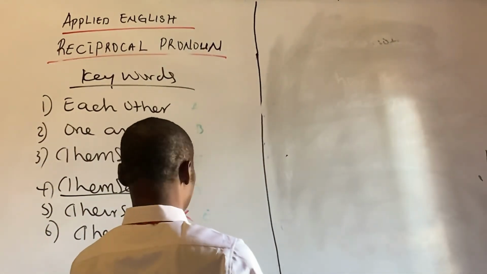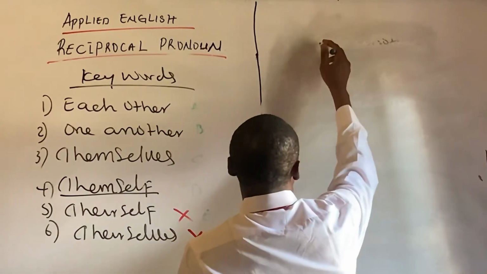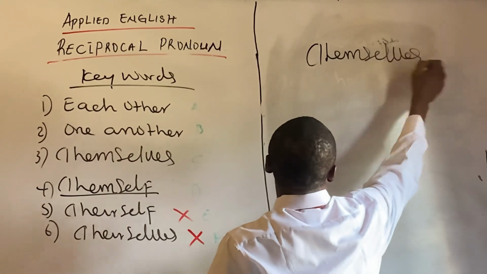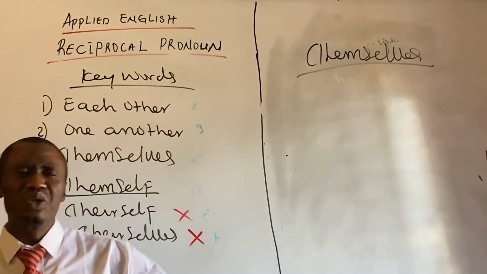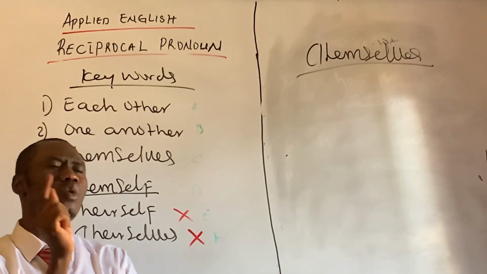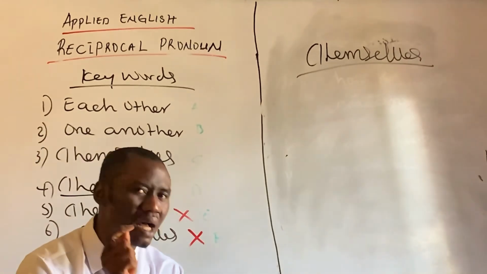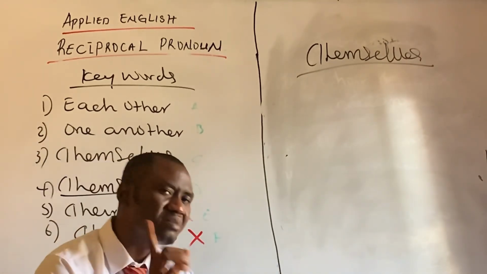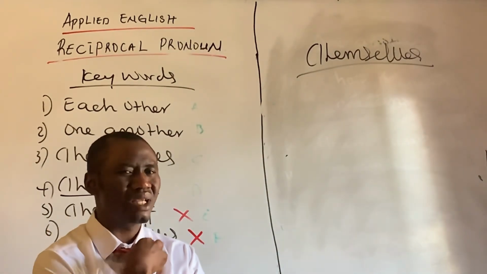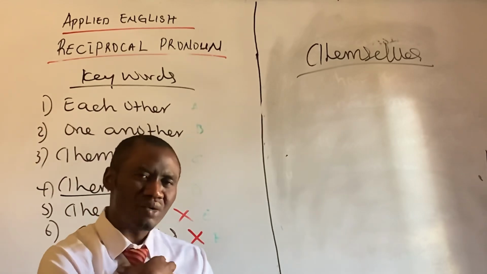Now we have themselves. When do we use themselves? Themselves is used when one is being particular about oneself.